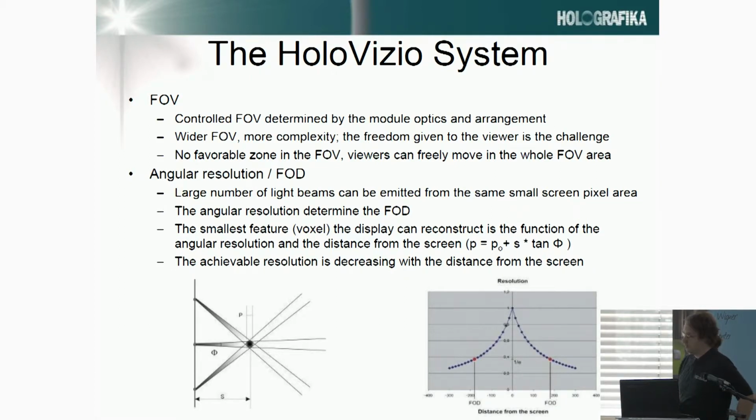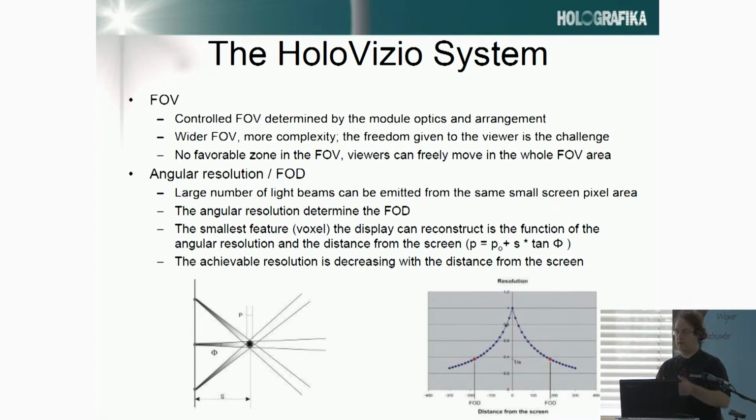And I would also like to introduce the angle resolution for the sake of this talk. As I've already shown you, quite a large number of light beams can be emitted from the same pixel area. And this angular resolution will determine the field of depth. So the more light beams I can get through the same angle, the higher angular resolution I have, and the more light beams I can let through, or I make in the back, the more depth I can visualize.